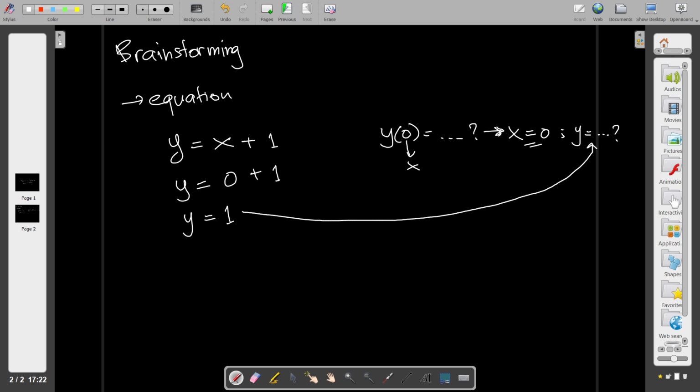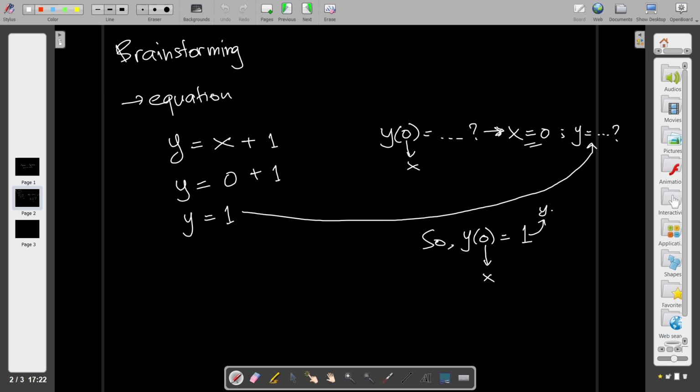So the value of y0 equals 1. So this is the x, and then this is the value of y. So this is called equation. Okay, let's move to another page.